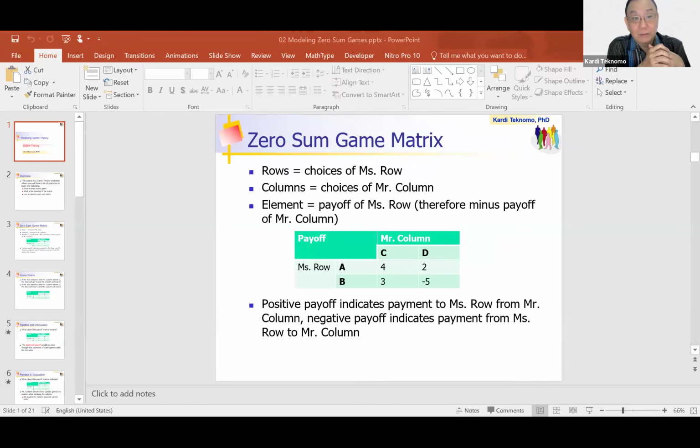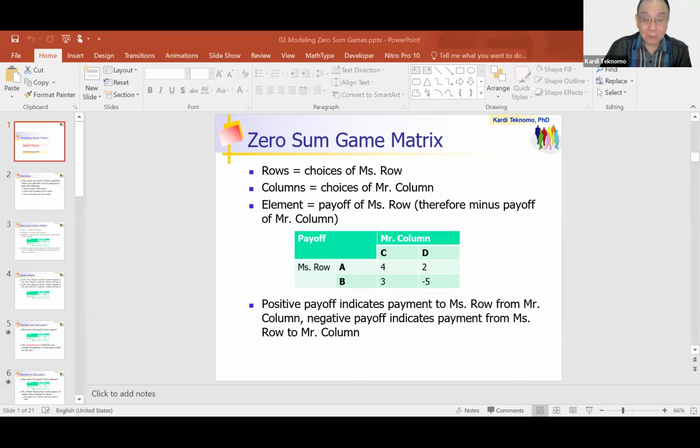First, this is what is called a payoff matrix for zero-sum games. We have two players. Number one I will call Miss Row, and the second player I will call Mr. Column.